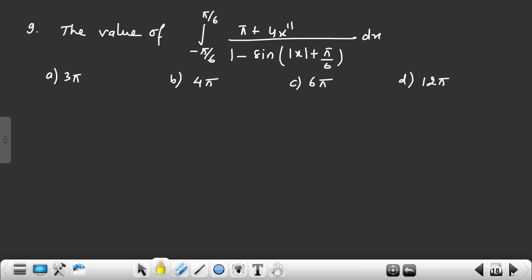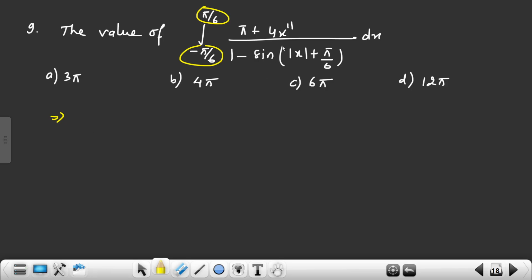Let's help each other. Now the 9th one, the second last question, and very soon we are going to end the session. So integral from minus pi by 6 to pi by 6 of (pi plus 4x power 11) upon (1 minus sine mod (x plus pi by 6)). So now you know that whenever this kind of limit is there, we have to just check whether the function is odd or even.